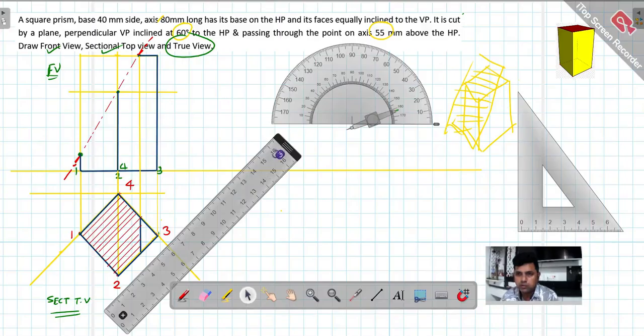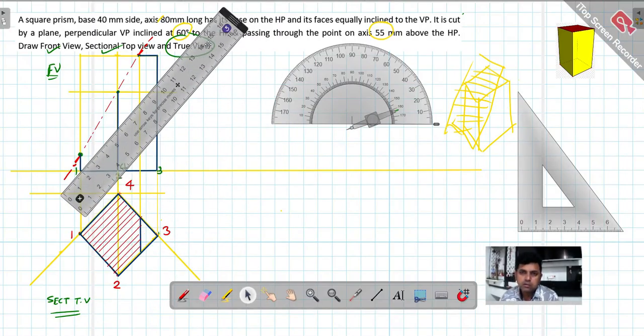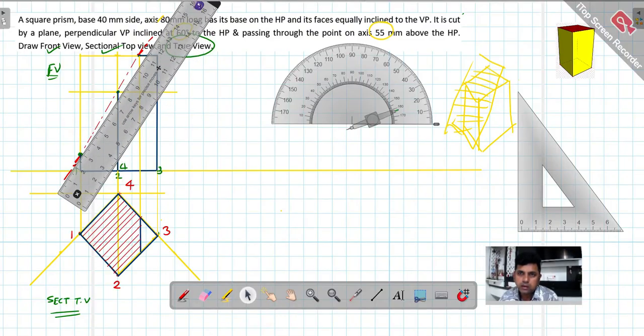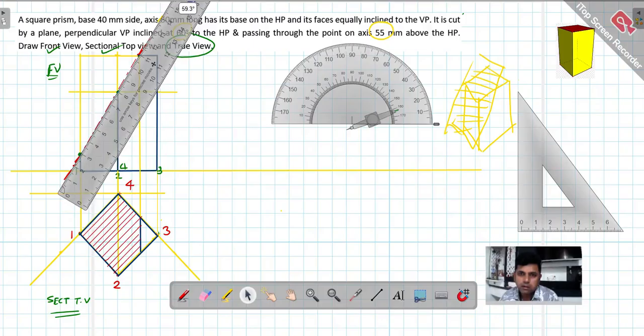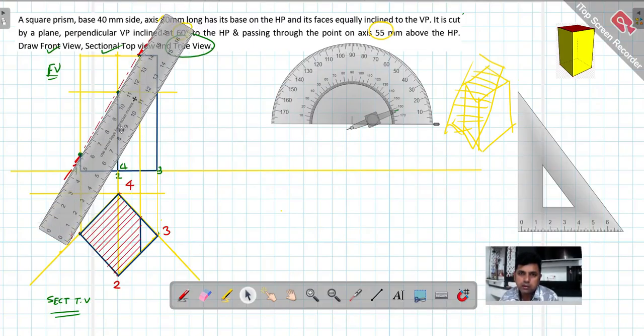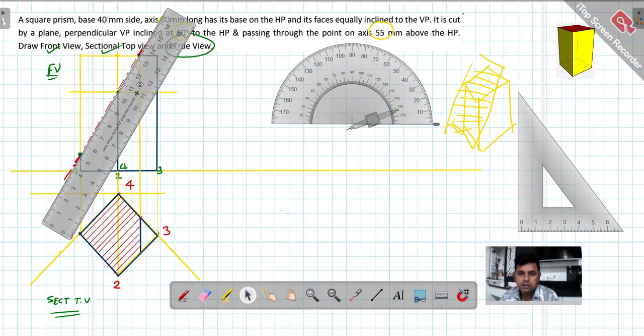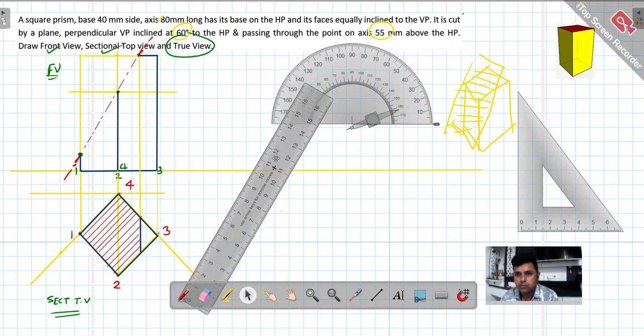What we simply need to do is take this roller scale and make it parallel to your cutting plane. Okay, so this is now parallel to the cutting plane. Roughly it is parallel. Yeah, and I'm taking this away from that. I'm taking this away and drawing a line parallel to that cutting plane.